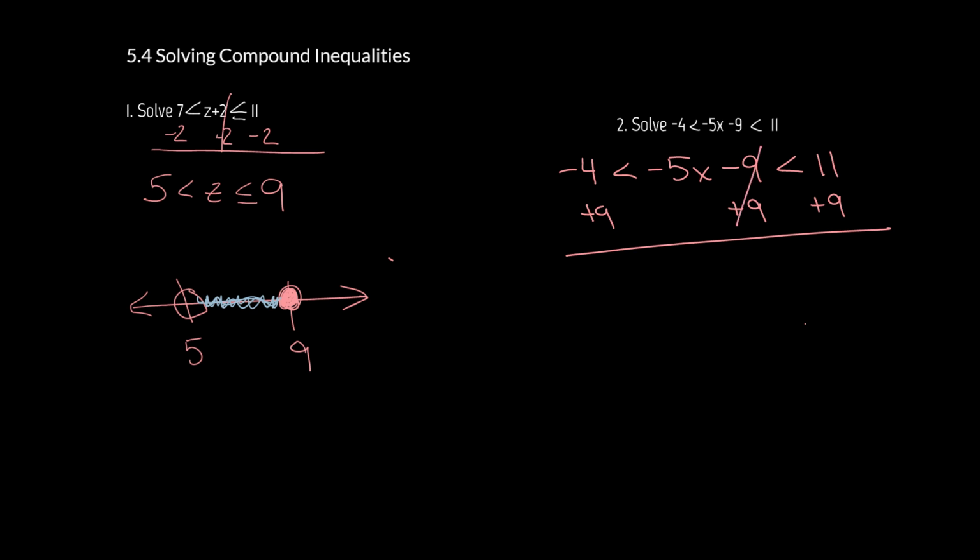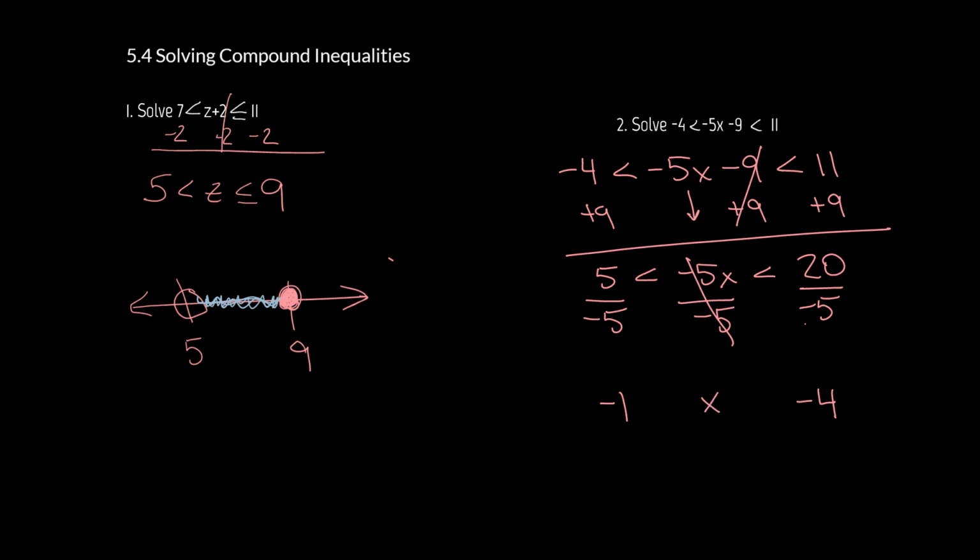When I do that, -4 plus 9 is 5, is less than, drop that down, -5x is less than 11 plus 9 is 20. So now I need to divide by -5, again to get the x by itself. And I'm going to divide all sides by a -5. So I've got 5 divided by a -5 is a -1. And on this side, 20 divided by a -5 is a -4.